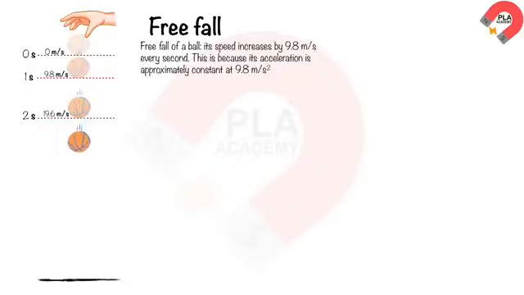After 3 seconds, the ball has descended a greater distance than it did between 1 and 2 seconds, and its speed increases to 29.4 meters per second. After 4 seconds, the ball has descended a greater distance than it did between 2 and 3 seconds, and its speed at 4 seconds increases to 39.2 meters per second.